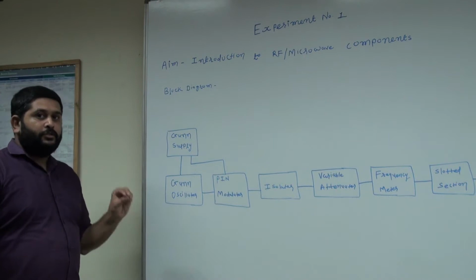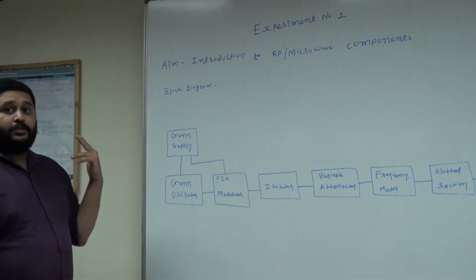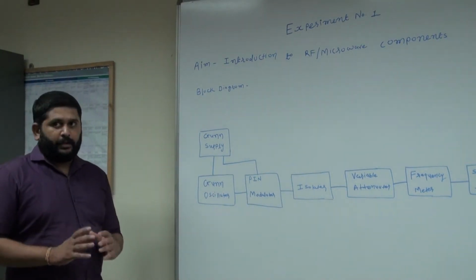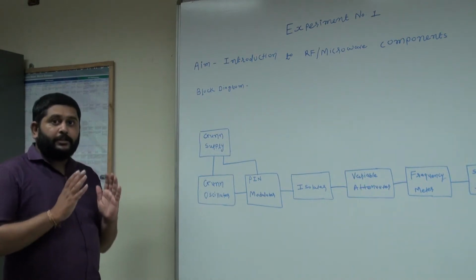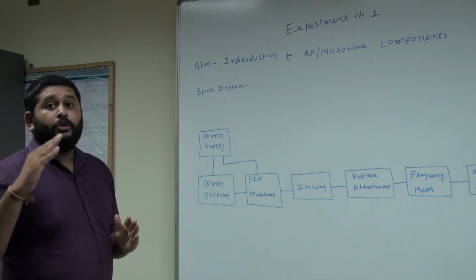Voltage range is 0 to 10 volts. And another power supply is also available. That one is the klystron power supply. And the klystron power supply's voltage range is high DC voltage, 250 to 300.